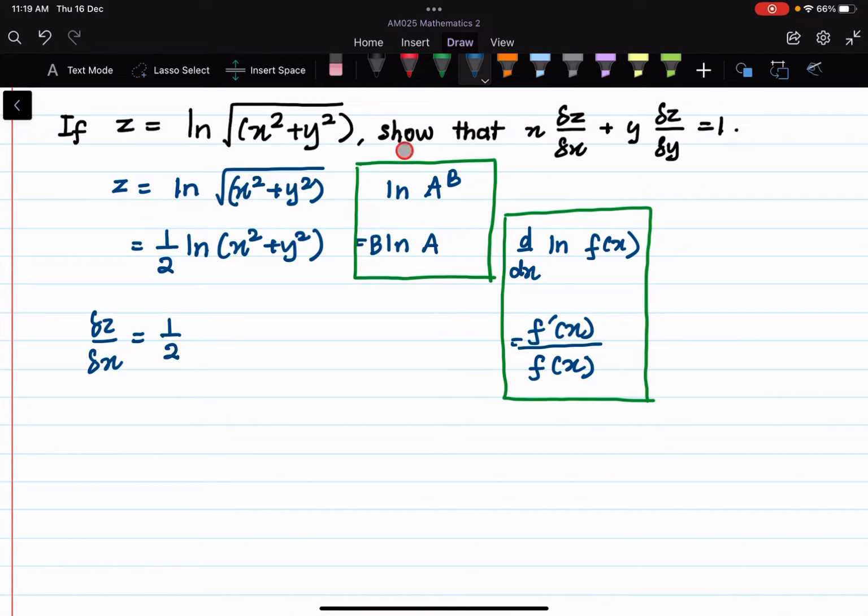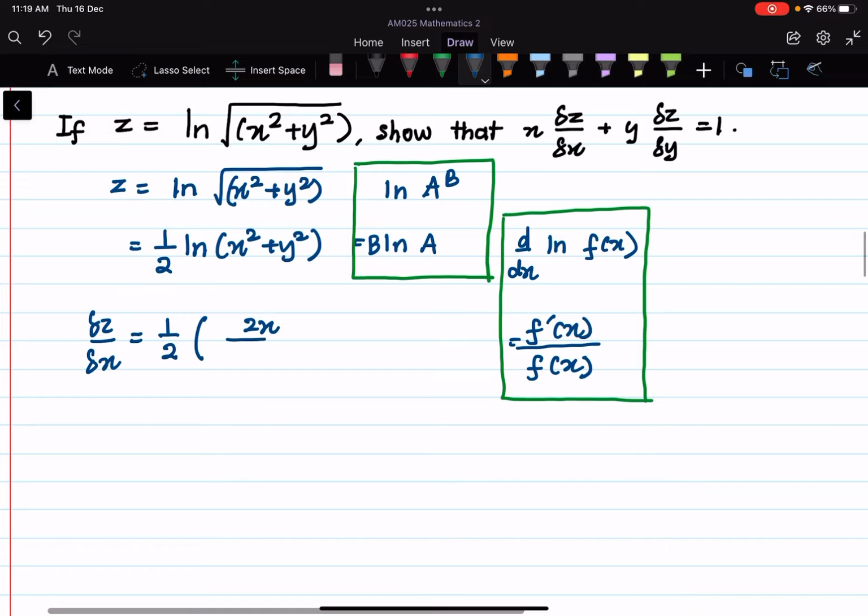So differentiate ln of x squared plus y squared with respect to x. We need to differentiate x squared with respect to x, which is 2x. Differentiate y squared with respect to x: y squared is a constant, differentiate constant is 0. Divide with, copy down, x squared plus y squared. So if we simplify, 1 over 2 times 2x is x over x squared plus y squared.